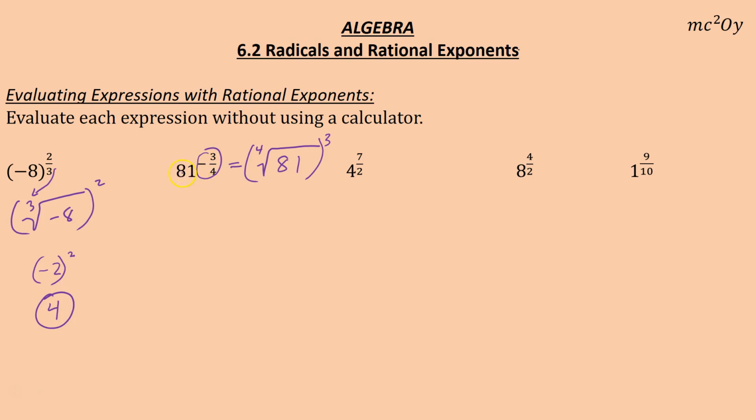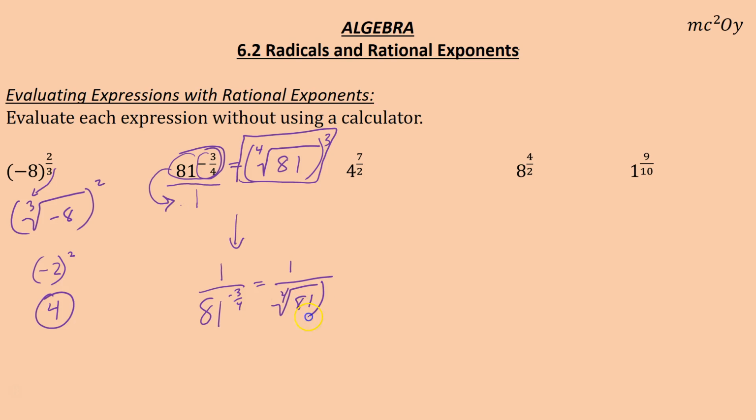It means we actually have to take whatever we have and change it to the other side of the fraction, and that makes that exponent positive. So really, this thing that I just wrote is going to stay, but it's going to be in the denominator. So we would actually write that as 1 over 81 to the 3/4, which would mean 1 over the fourth root of 81 cubed.